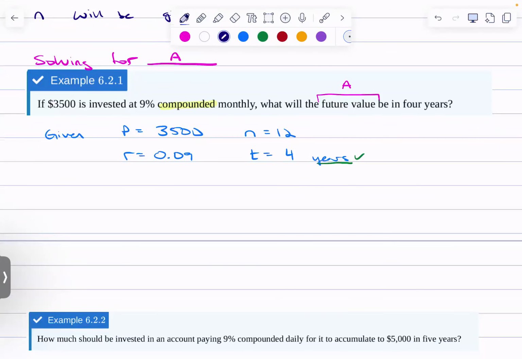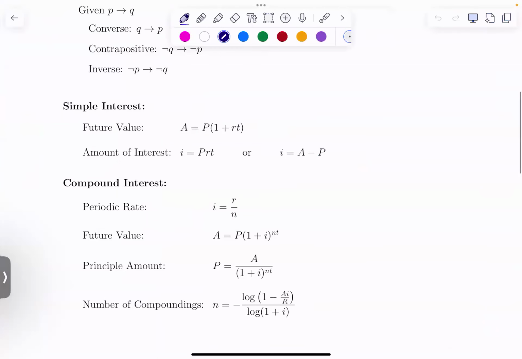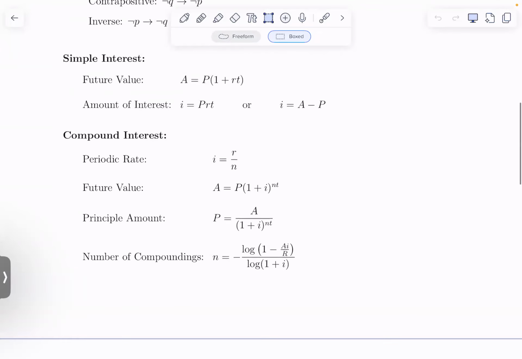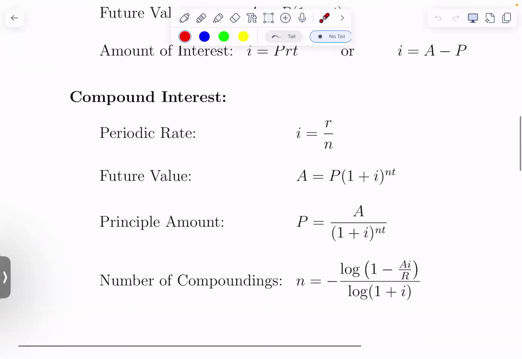Now, solving for A is P times 1 plus R over N to the N times T. And let's go to our formula sheet because, I'm going to change it because I don't like it. Do you see what they did that I don't like? It's okay. They defined I. A lowercase I is the amount of interest per compounding period.